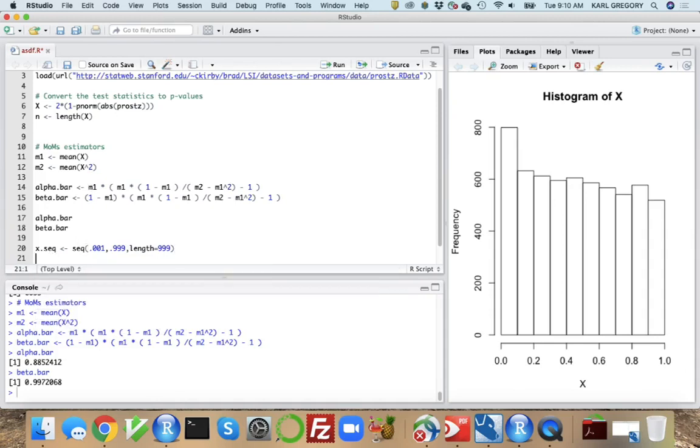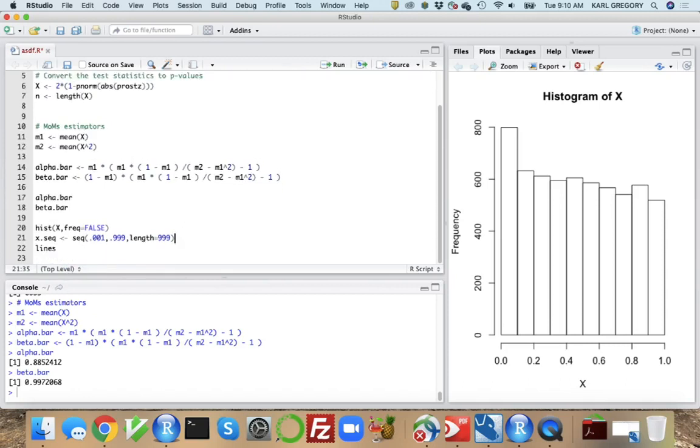Let's just add to our plot. We've got our histogram of x. We put freq equals false so I can overlay a density, which is the beta distribution under the method of moments estimators for alpha and beta.